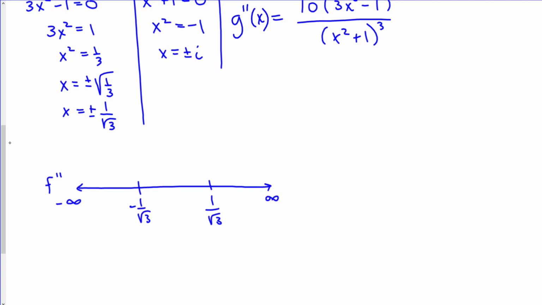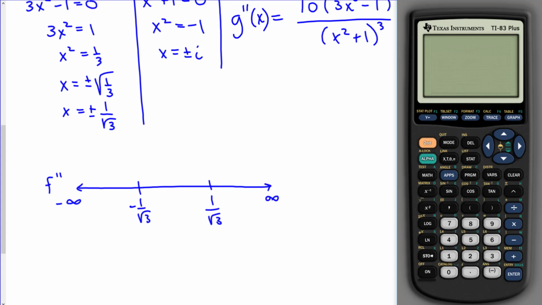And it would probably be nice to know what 1 over the square root of 3 actually is, so that I can estimate what values I need to use within my intervals. So that's about 0.577. So something a little bit less than negative 0.577 would be negative 1. Between negative and a positive number is 0, and then I could use positive 1 over here on this interval. So that gives me the test values to use.